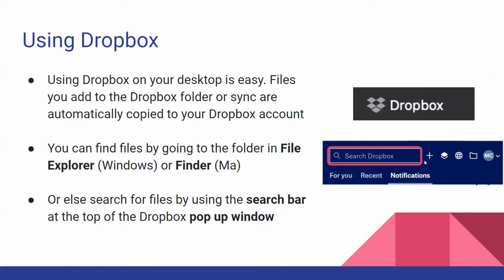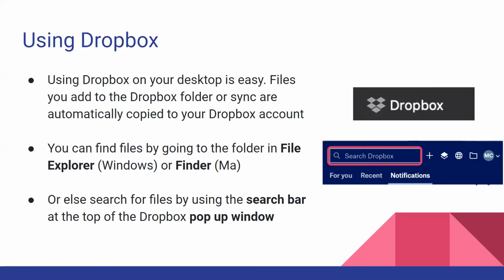All right, so in terms of using Dropbox, using it with the desktop app is pretty straightforward. Any of the files that you add to your Dropbox folder or sync are going to automatically be copied to your Dropbox account, which again you can access on Dropbox.com to see everything that you currently have uploaded to it. You can find any files in your Dropbox very easily using this little search bar here. Again, this is after you click on the Dropbox icon in your taskbar, whether that's the bottom right-hand corner or the top part of your screen.